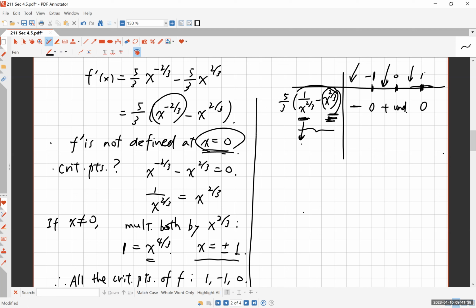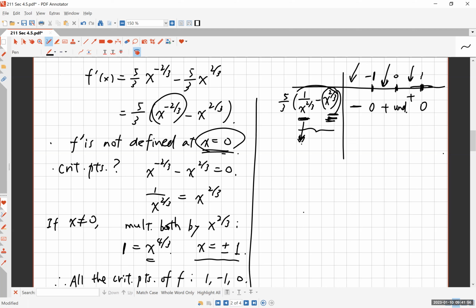All right, plug in a number here. We actually know what happens because it's an odd function. When you plug in a number like 0.2 or 0.3 or 0.1 or something, this will become large, this becomes small, and so it's still going to be positive. The fact that it's an odd function tells you that as well.